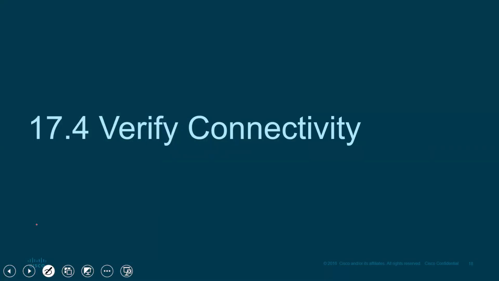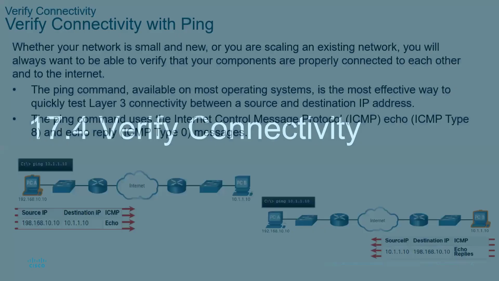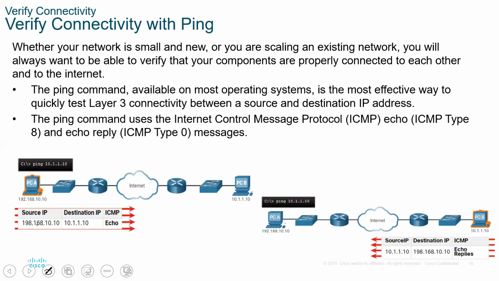So how then do you verify connectivity? Verification of connectivity is just to test the reachability of end devices across the network. One of the tools that we use is the ping tool, or the ICMP protocol, that is used to test reachability of end devices.